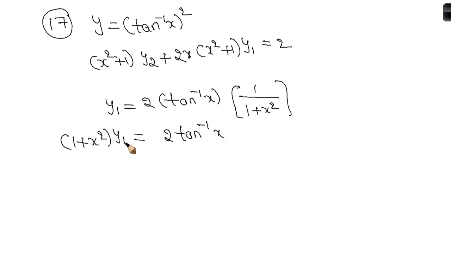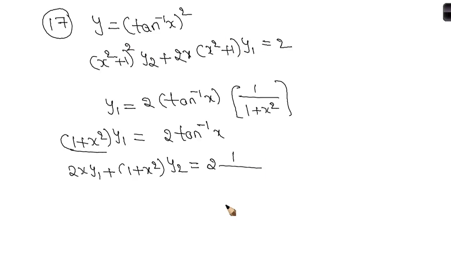If I differentiate this again, using the UV rule, 2x y1 plus 1 plus x square into y2 is equal to 2 into 1 upon x square plus 1.